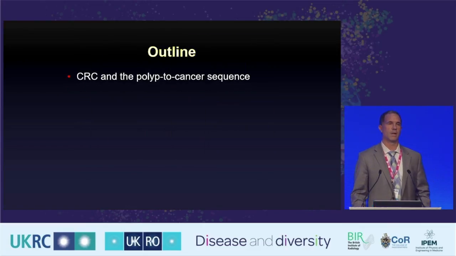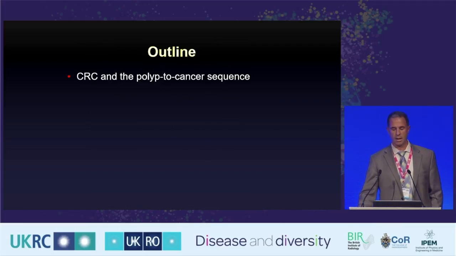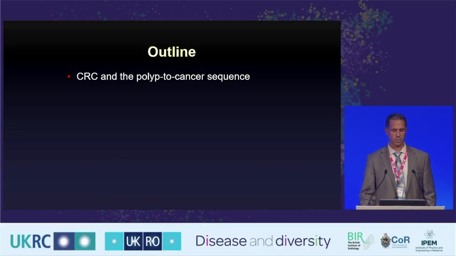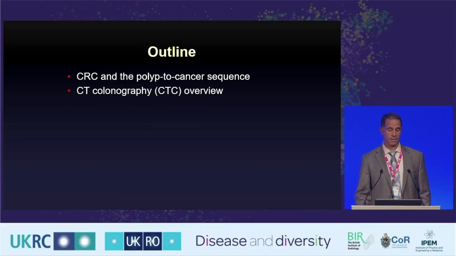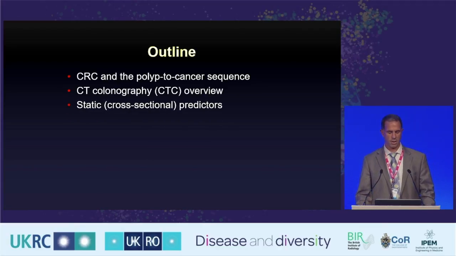So as just a brief outline, I'm going to cover the basics, colorectal cancer, why should we care, and then talk a little bit about the classic linear adenoma carcinoma sequence that we're all familiar with, and then spend a little bit of time, I'm sure many of you are familiar with CTC, but I want to make sure we're all on the same page with that and my experience with that, and then get into these predictors of importance with these polyps, that is static things that we've known about for a long time.